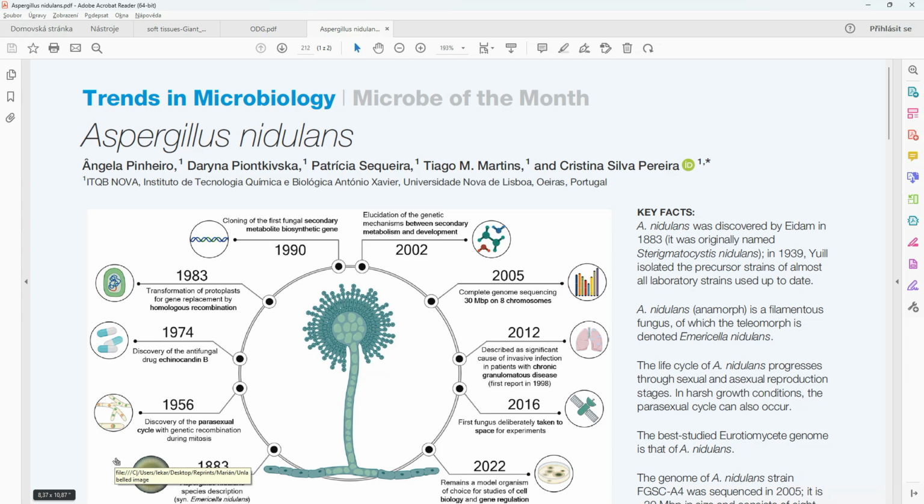It's a mold which was even brought to the space station, and they performed some science with it, and it's used even in industry to produce some substances, including antibiotics and other stuff.